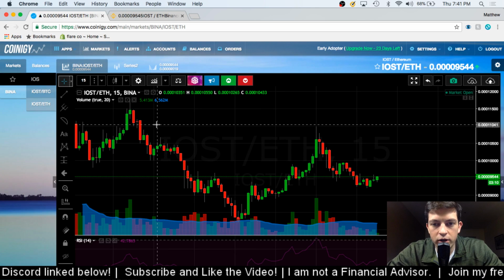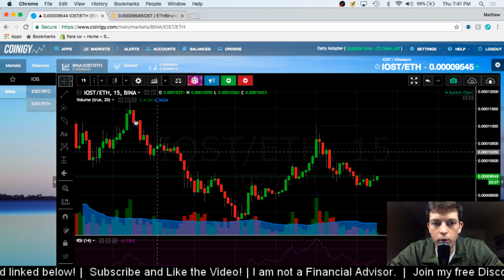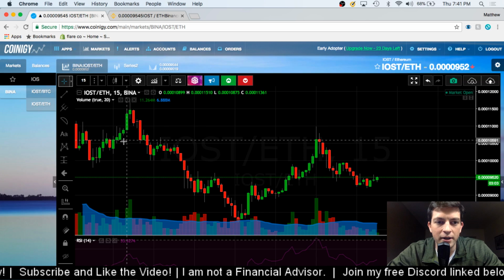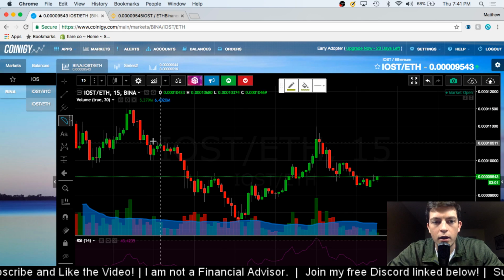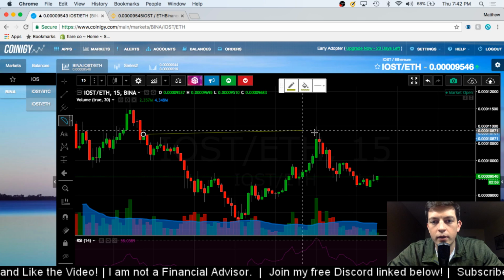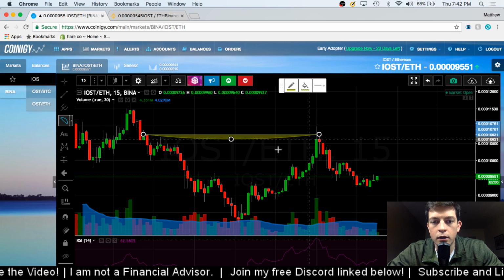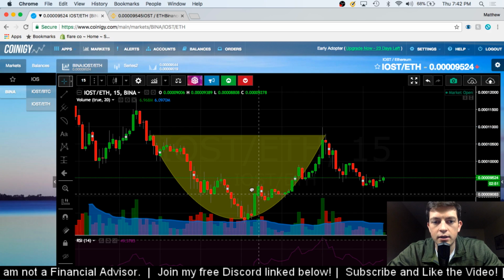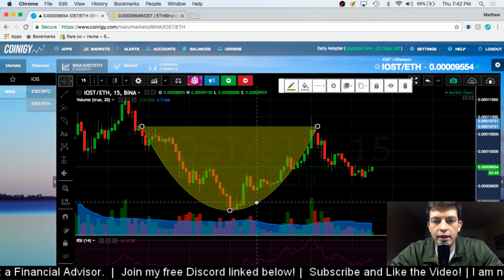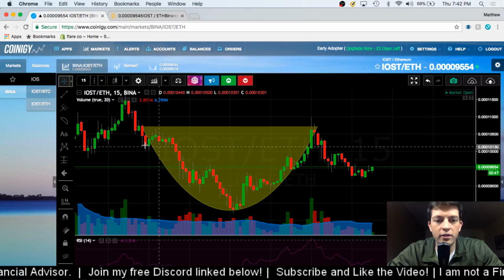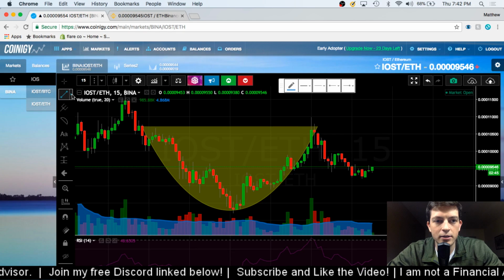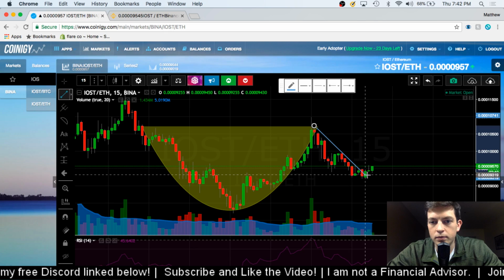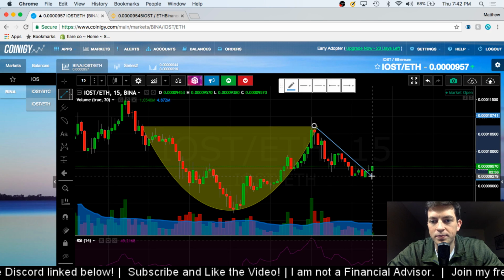So here, what we're seeing, we see this rounded bottom, kind of like that, right? And then what we see after that is this little stem like that.